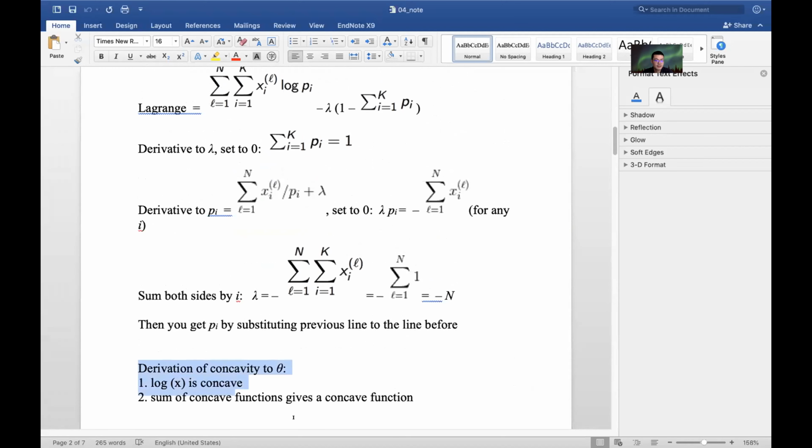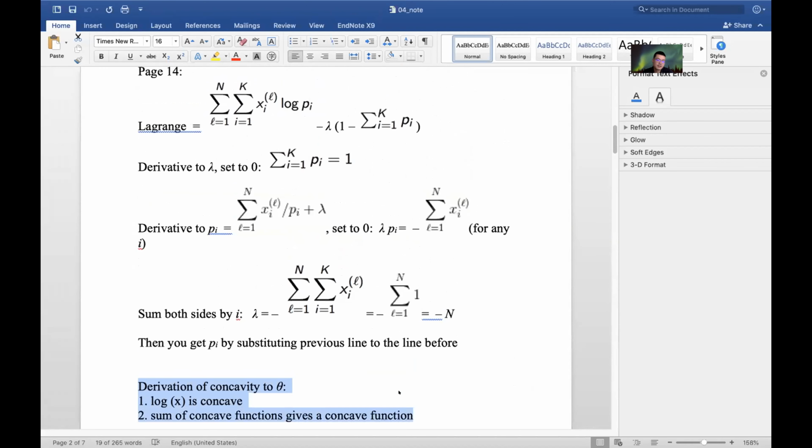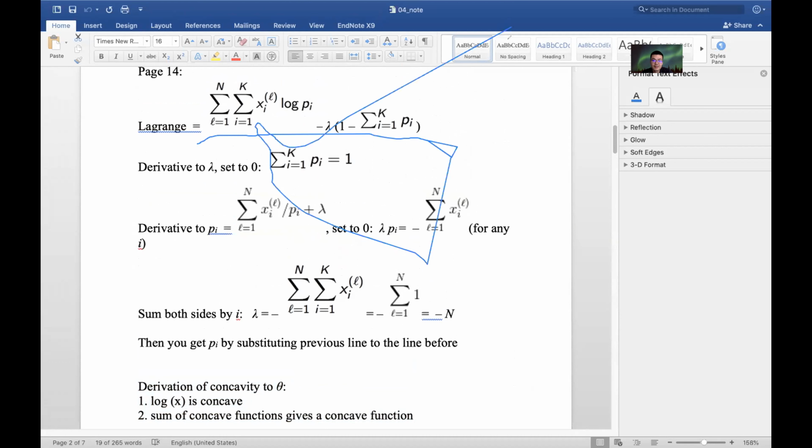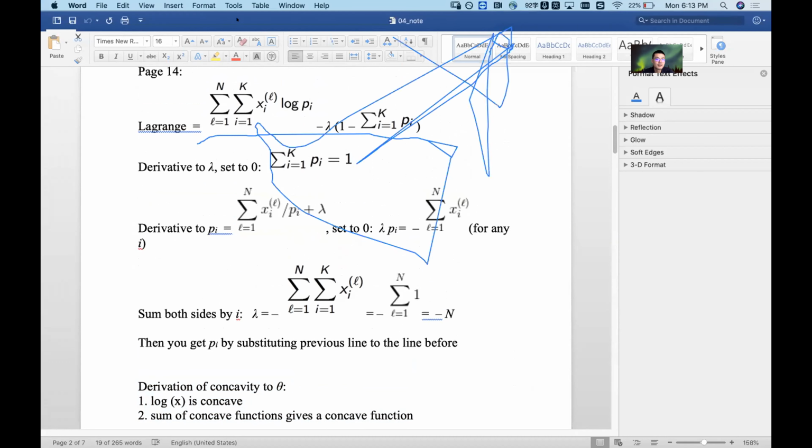So this is concave. Why is this concave? Basically we want to show that this loss function, this error function, is concave. It's a little bit strange, I think there's a bug.